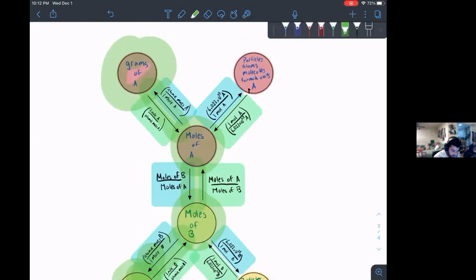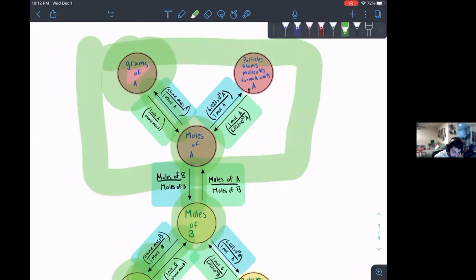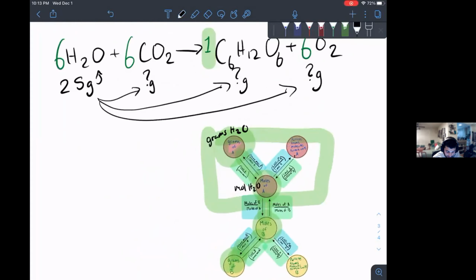But all three of our problems are going to start with grams H2O to mole H2O. So the first part of our problem for all three of these is going to be exactly the same. And what you may realize is that all of stoichiometry is literally the same thing over and over. We're just doing the same conversions.